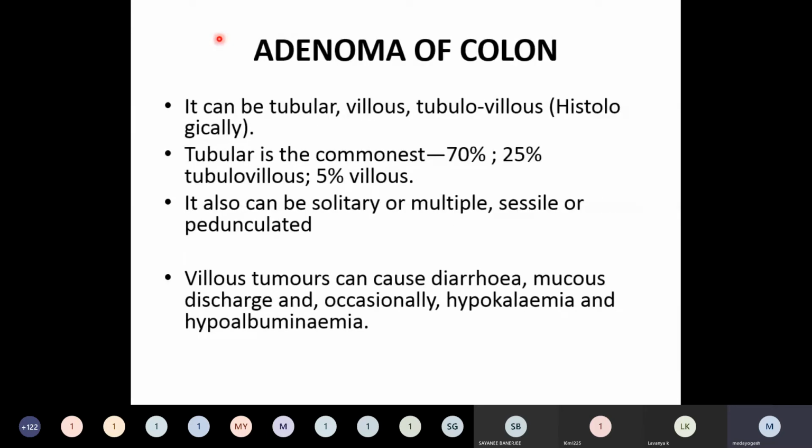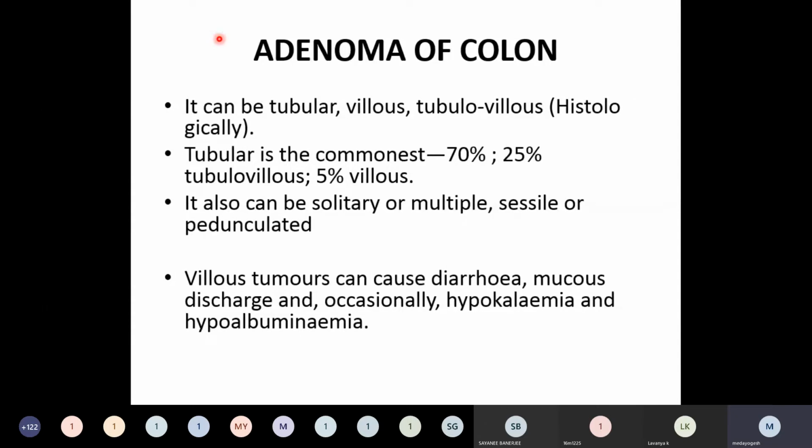Coming to the adenoma of the colon, it's the commonest benign tumor in the large intestine. As I already told you, it is nothing but a neoplastic polyp. So it can be tubular, villous, or tubulovillous histologically. The commonest one is the tubular adenoma, which constitutes around 70% of the polyps.